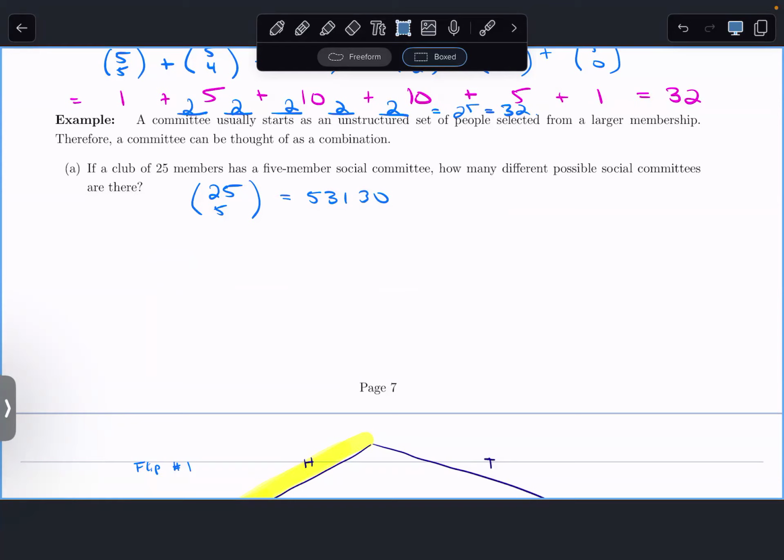Divided by 5 multiplied by 4 multiplied by 3 multiplied by 2, 1, which is 120.